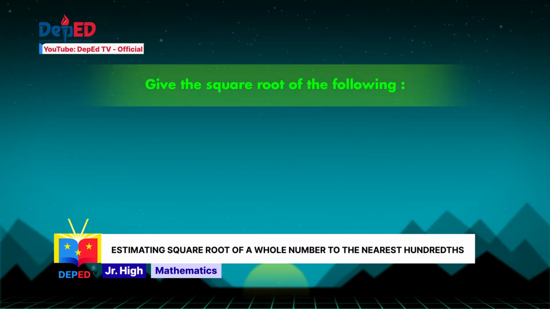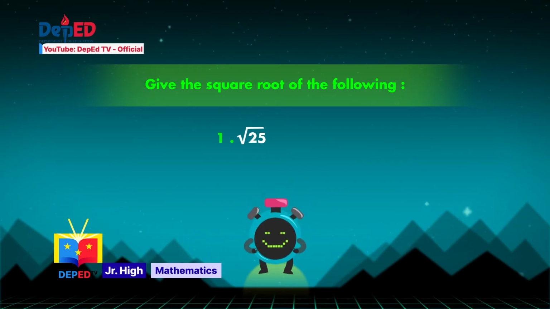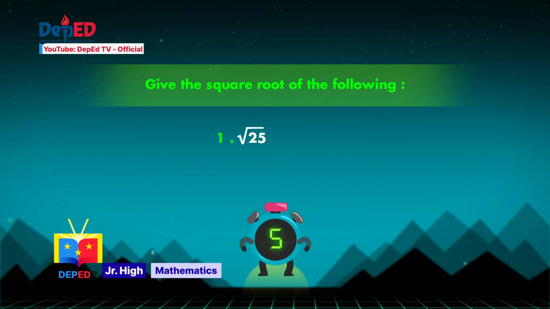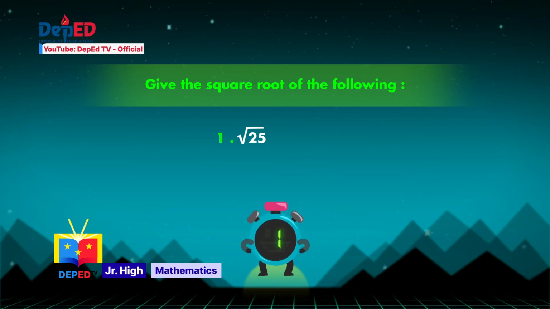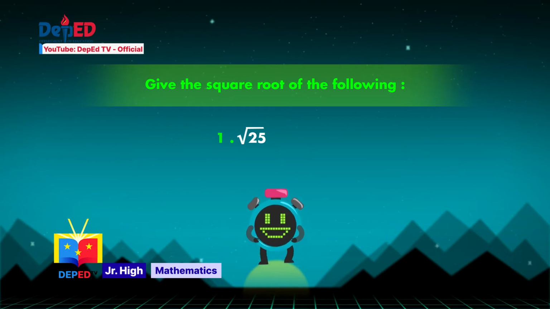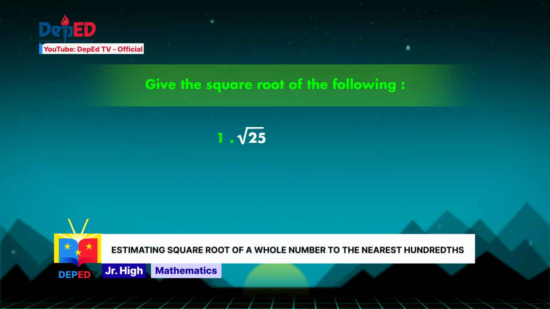In this activity, you are going to give the square root of the following. So let us begin with number 1. Square root of 25. Timer! The correct answer is 5.